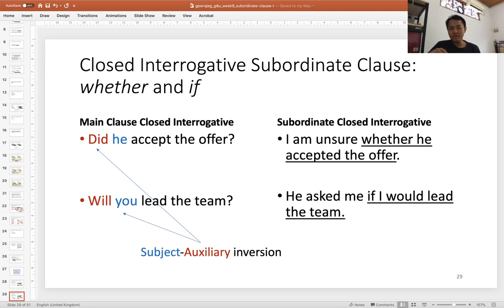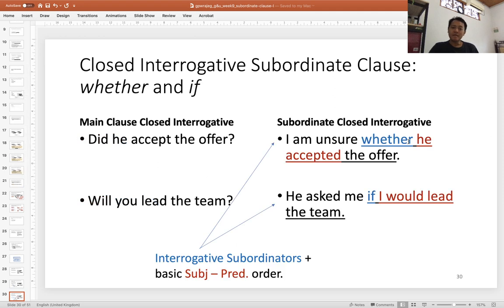So you switch the subject and the auxiliary. But in the subordinate clause, the interrogative sentence becomes a basic declarative sentence, with the basic subject-predicate order, such as "I'm not sure whether he accepted the offer." "He asked me if I would lead the team."